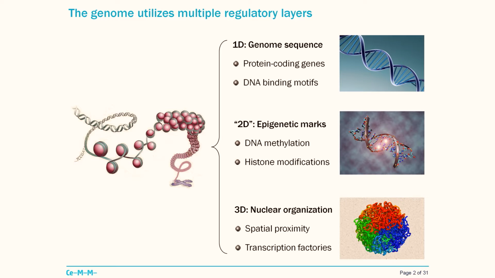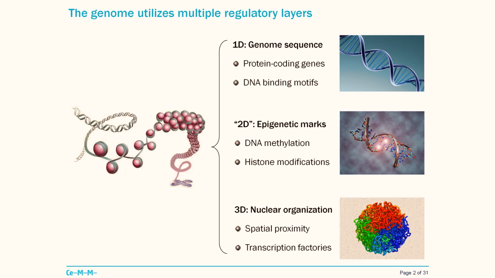It's not exactly the second dimension, but like 1.5 dimension, with DNA methylation, histone modifications, and various marks that could be heritable over mitotic cell division. But of course, there's also the 3D nuclear organization, where different parts of the chromosomes come together to form transcription factories or to be associated with the lamina and being silenced.